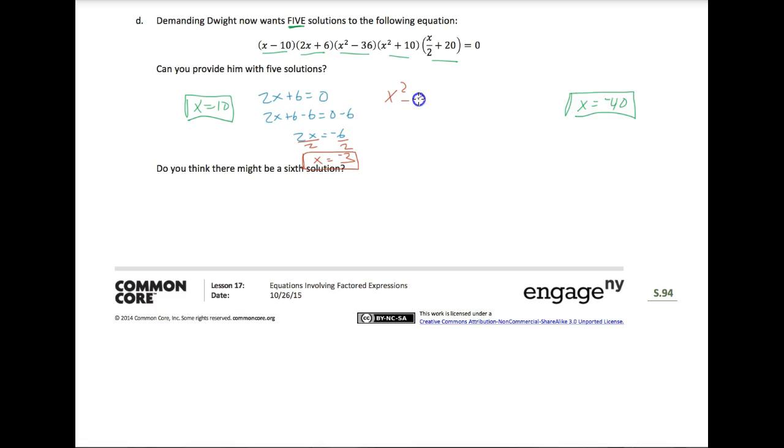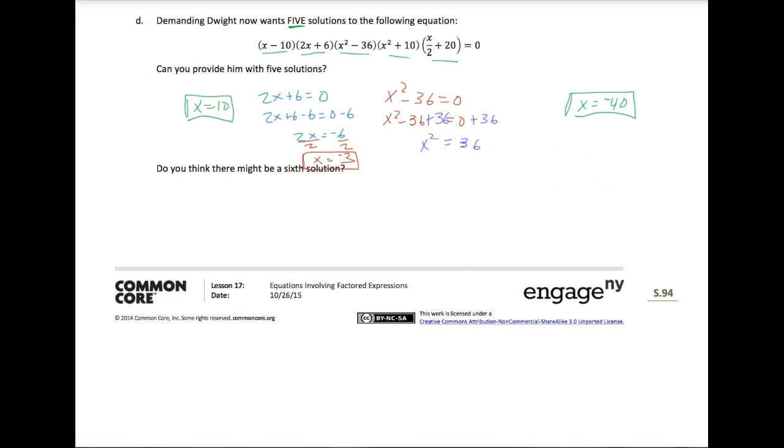x squared minus 36 equals 0. Well, okay, we'll add 36 to both sides, plus 36, plus 36, and we get something that we're fairly familiar with. x squared equals 36.